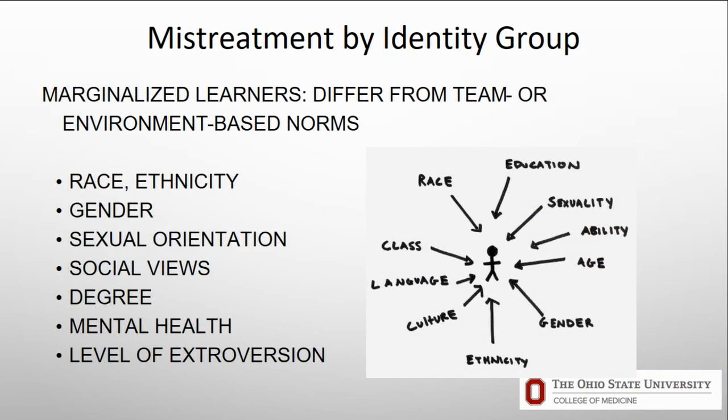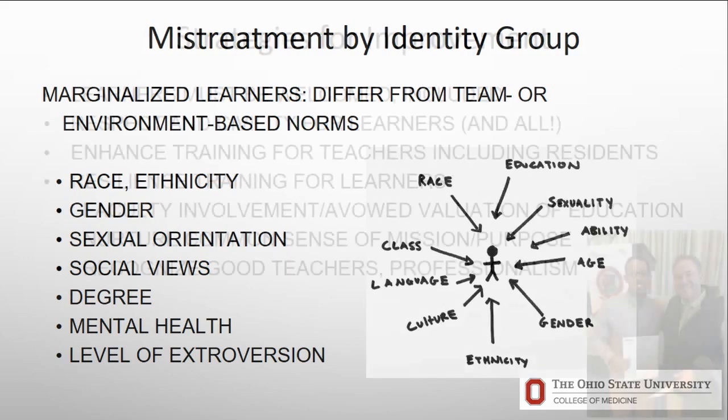Marginalized learners. We talked a lot about the difference between students who are going into emergency medicine and students who aren't. There really should be no difference in the way you treat those students. In the same way that when our students rotate on OBGYN, we wouldn't want them to be treated differently. So it's important that we treat everyone the same way.